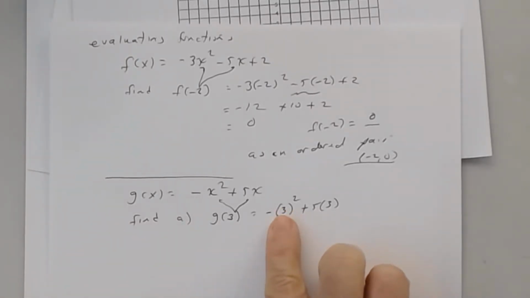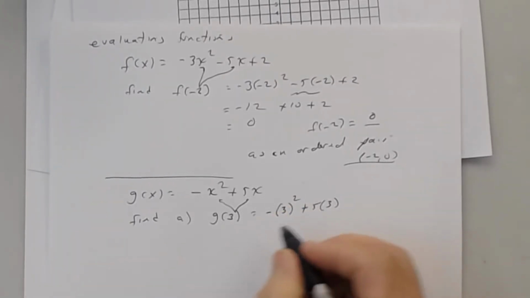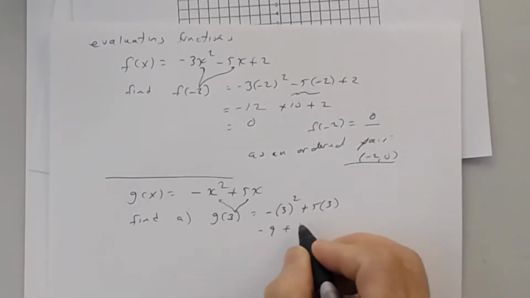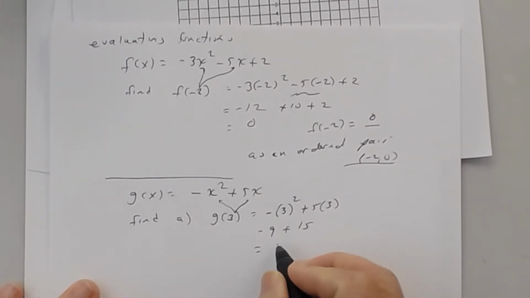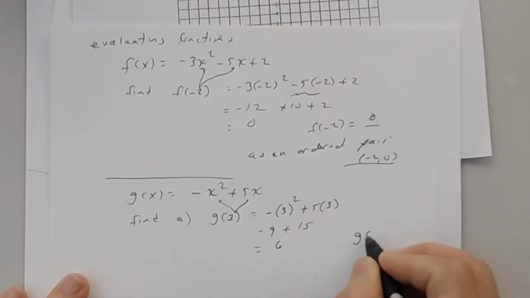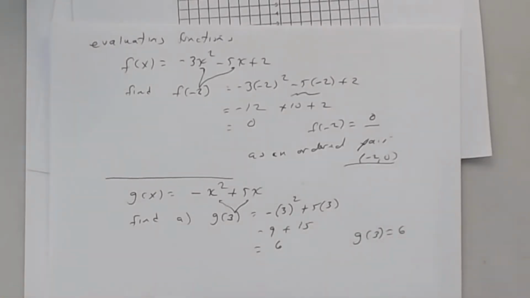Do I say negative 3 times itself, or 3 times itself? 3 times itself. What's 3 times itself? 9. And so this becomes negative 9, plus 15. And so what is g of 3? 6. All right, so g of 3 equals 6. So what you found was that when x is 3, your y value is 6.